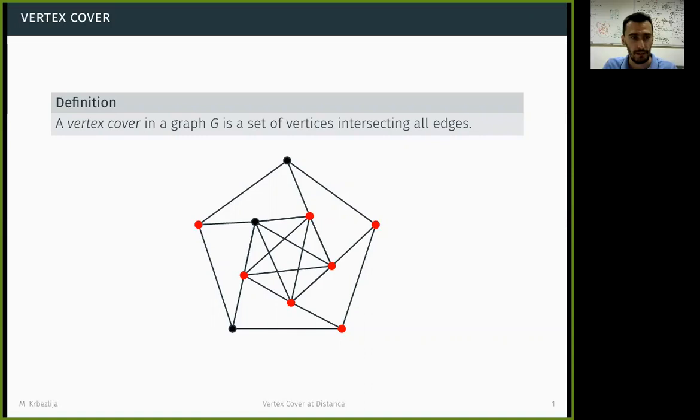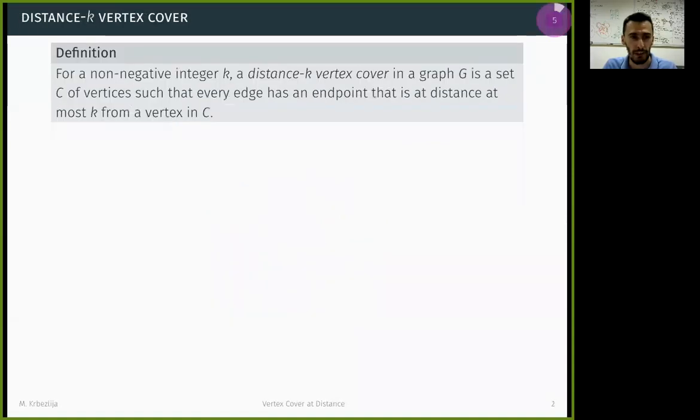If we relax the definition of the vertex cover and, for a non-negative integer k, define a distance k vertex cover in a graph G to be a set of vertices such that every edge has an endpoint that is at a distance at most k from a vertex in that set.